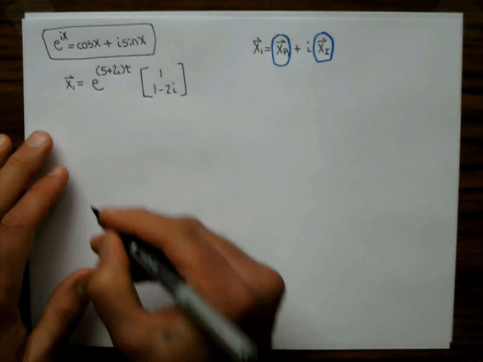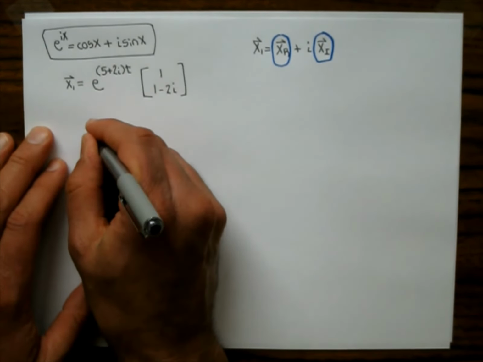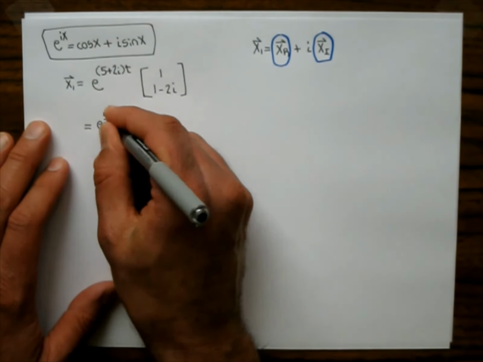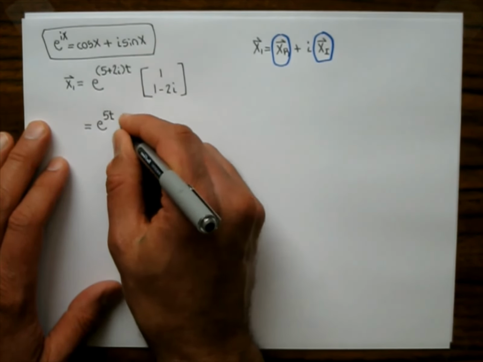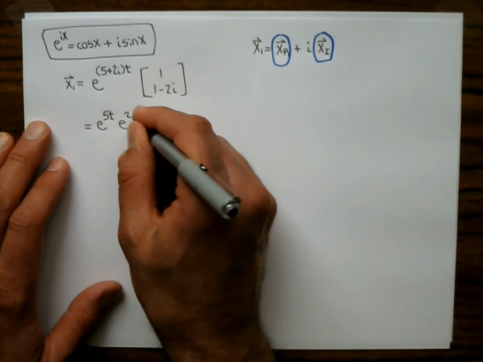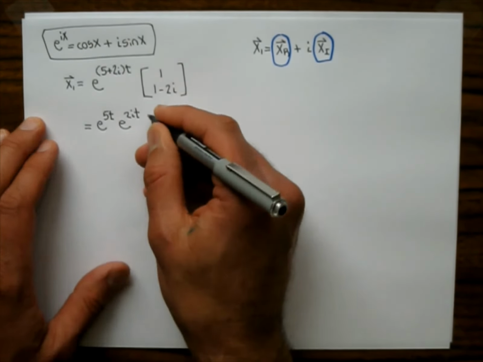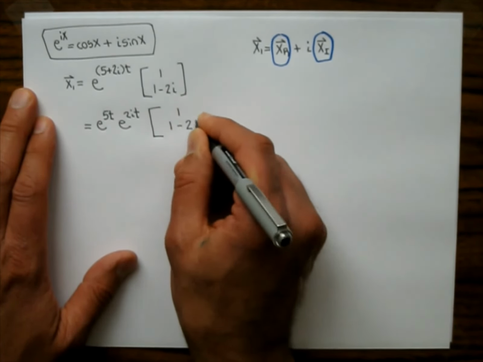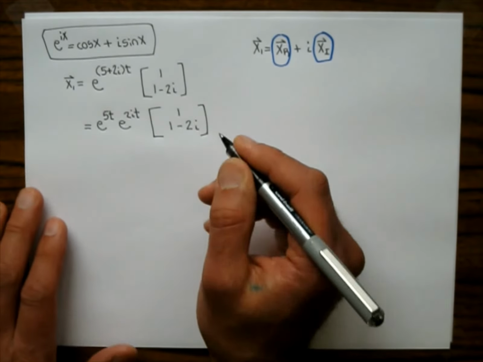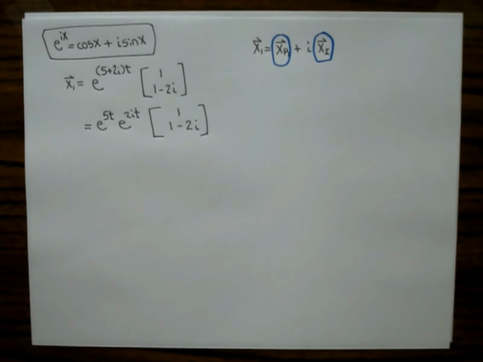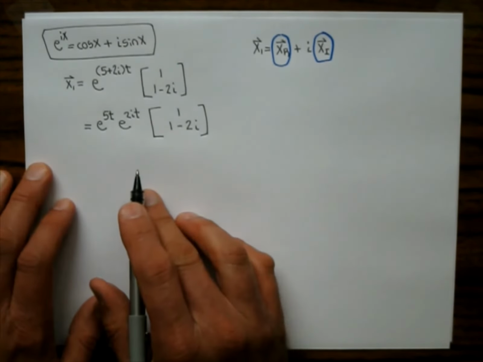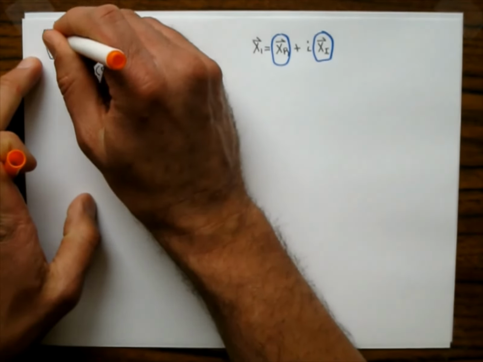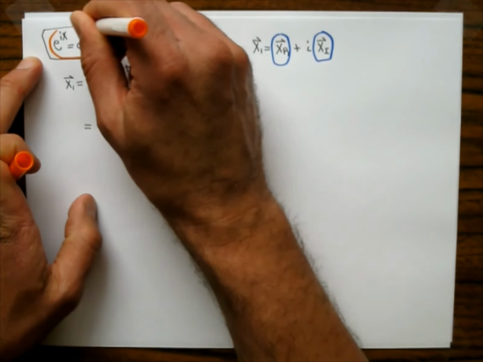Yes, I can. The first thing I'm going to do is use the property of exponents to write this as e to the 5t times e to the 2it times this vector here, 1, 1 minus 2i. Now we'll circle the Euler formula in orange.